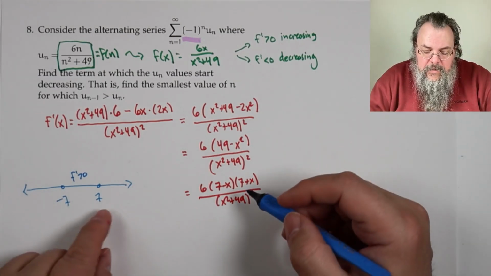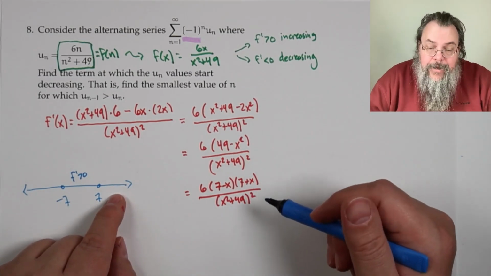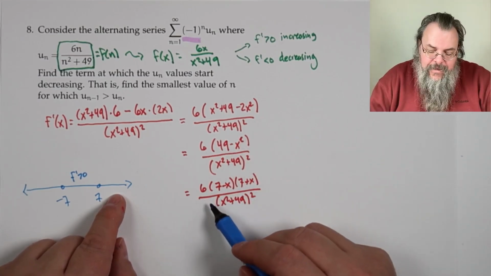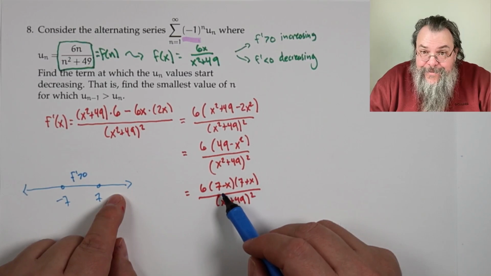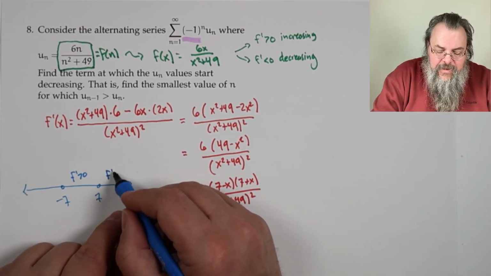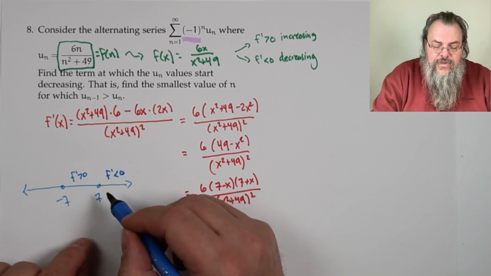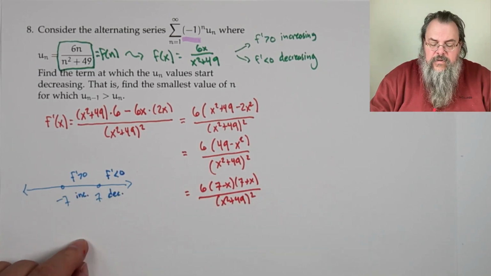When you plug in something bigger than 7, say 8, 10, 100, doesn't really matter, we'll go with 8. Positive, negative, positive, positive, altogether makes a negative. So we're increasing, and then we are decreasing.